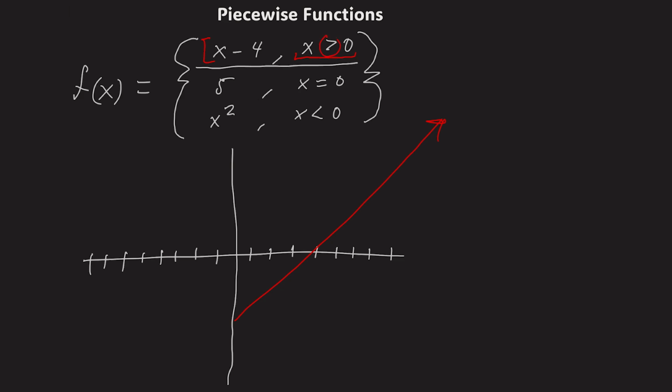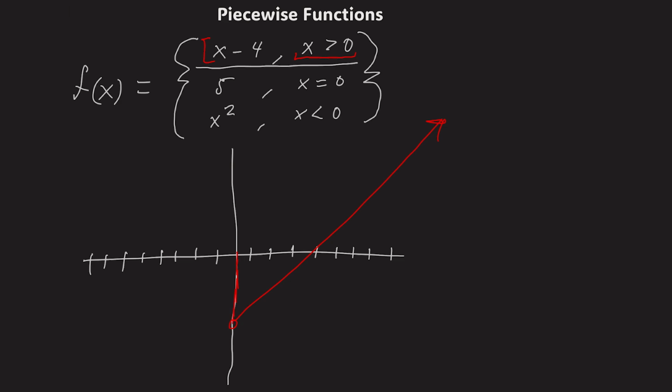The sign that I use here is important. You see that I use the greater than sign, not the greater than or equal to sign. If I use just the greater than sign, then I'm going to be putting an open circle right here. If we don't remember what an open circle means, it means that the function is not defined, it doesn't exist at that point, and that point in this case is x equals 0.